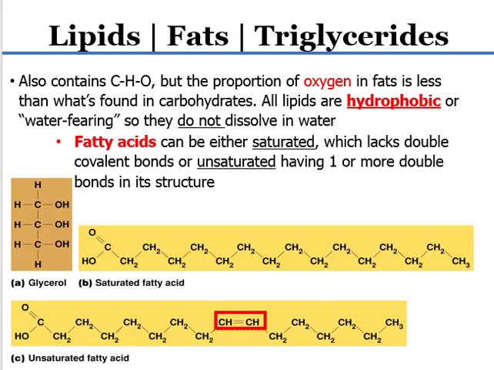Now let's go back and learn a few more things about fats. The proportion of oxygen in fat is less than what's found in carbohydrates. All lipids are hydrophobic or water-fearing, so they do not dissolve well in water. Fatty acids can be either saturated, which lacks any double covalent bonds, or unsaturated, which means the lipid structure will have one or more double bonds.